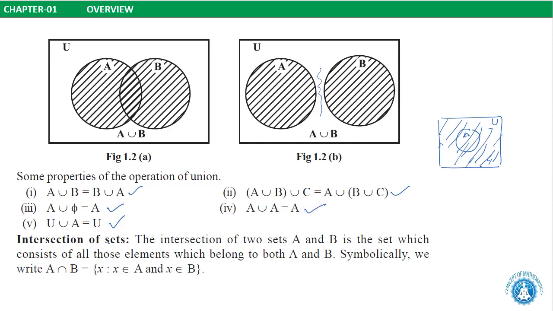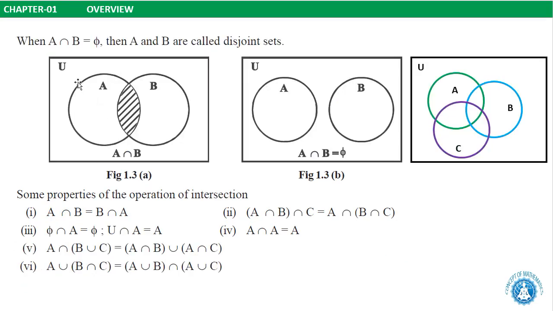Next comes intersection of sets. The intersection of two sets A and B is the set which consists of all those elements which belong to both A and B. Symbolically, we write the intersection of A and B is equal to the set of all x such that x belongs to A and x belongs to B. By using Venn diagram, we can show it.